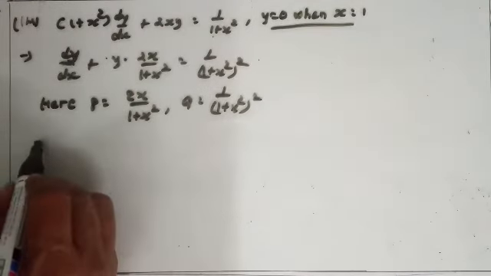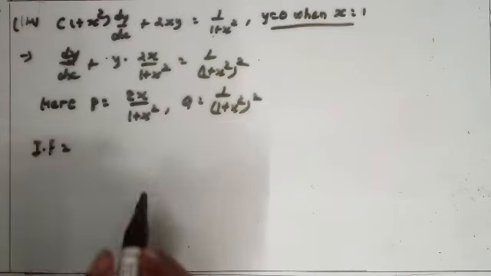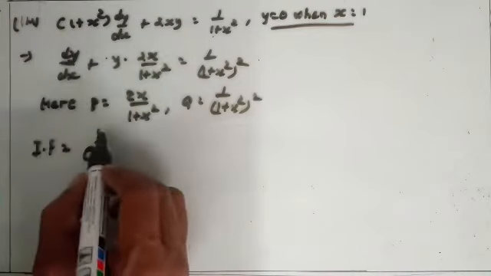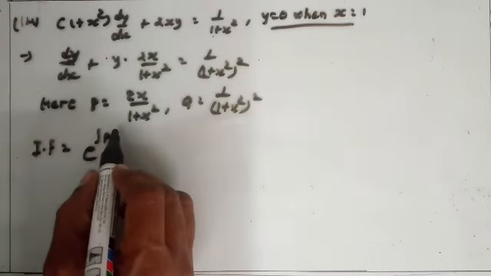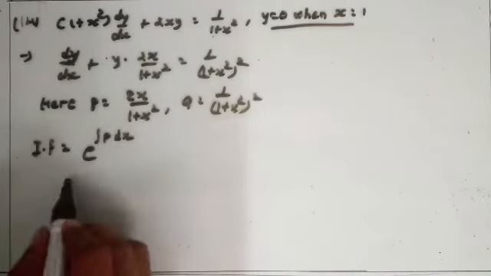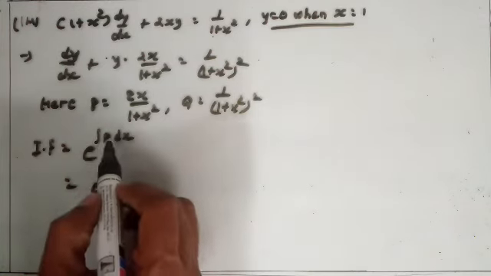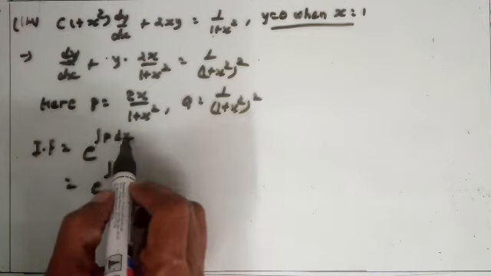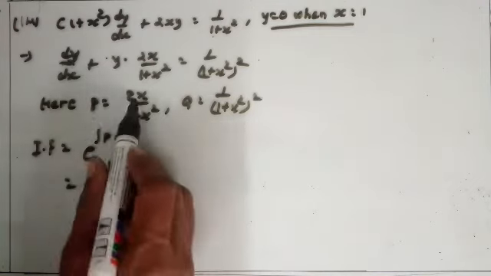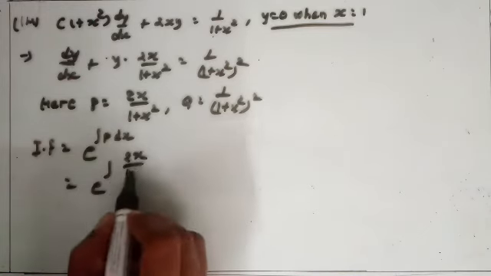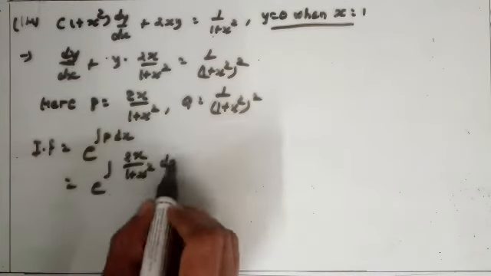Now find the integrating factor, e raised to the integration of p dx. Here we take integration with respect to x because p is a function of x. Here p is equal to 2x upon 1 plus x square dx.